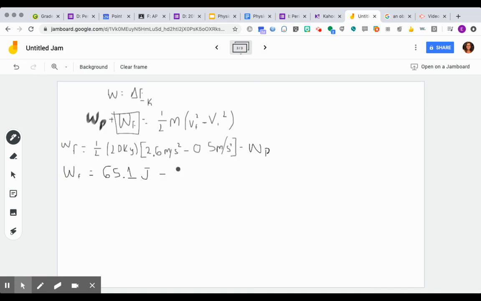So we're going to take our force, which is technically called P, times the displacement, times the cosine of theta. So you have 160 newtons times 8 meters times the cosine of 30.